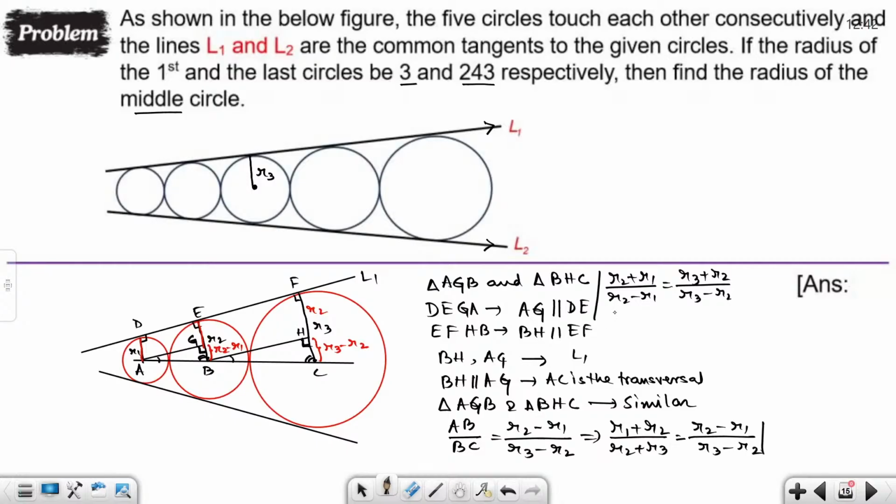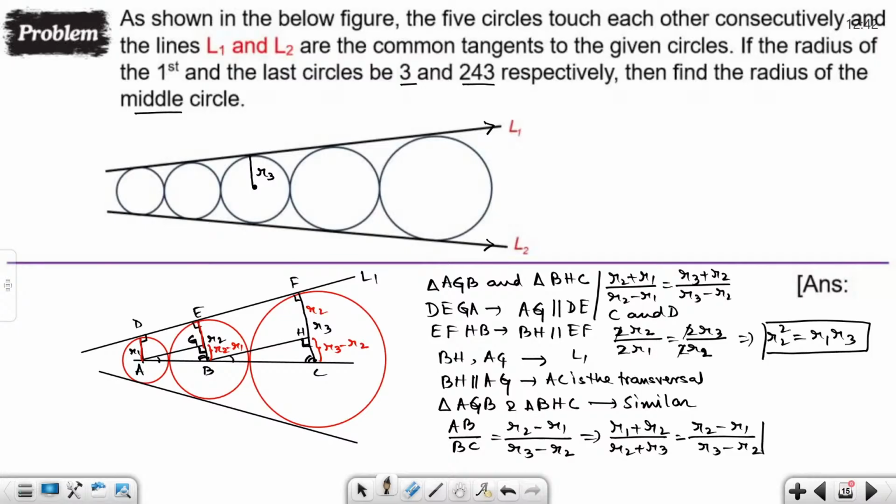So now by applying componendo and dividendo, we get 2 times R2 by 2 times R1 equals 2 times R3 by 2 times R2. Am I correct? So now 2 goes off. That implies R2 square is equal to R1 R3. Very, very important thing that we got.